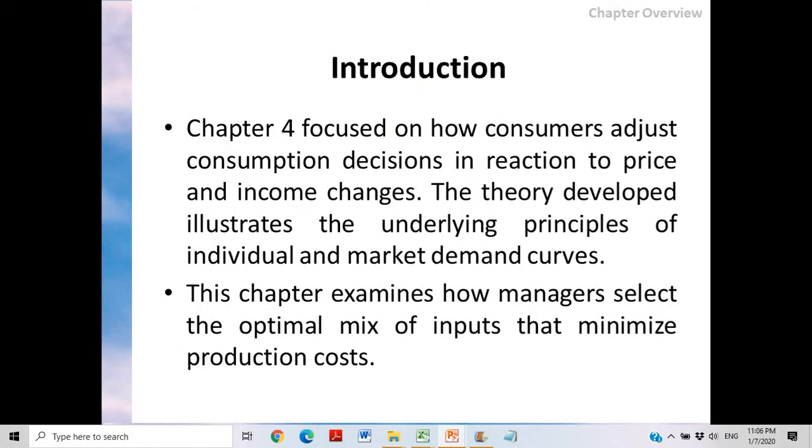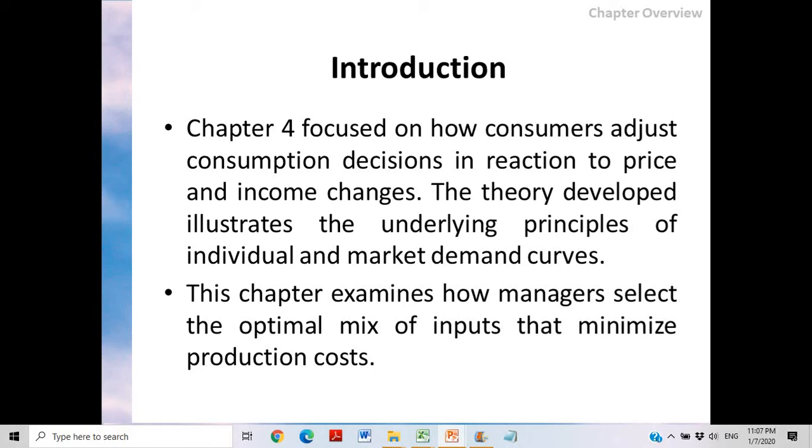We have completed chapter 4, in which we learned about consumer behavior, how consumers make decisions given a constraint in terms of their budget, which is influenced by both prices and income.